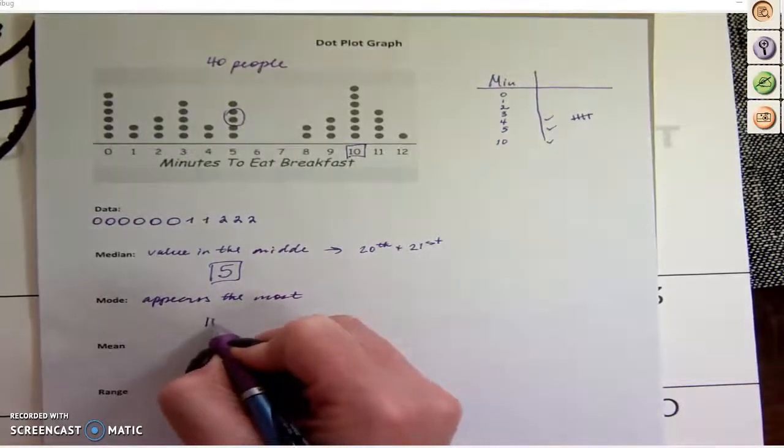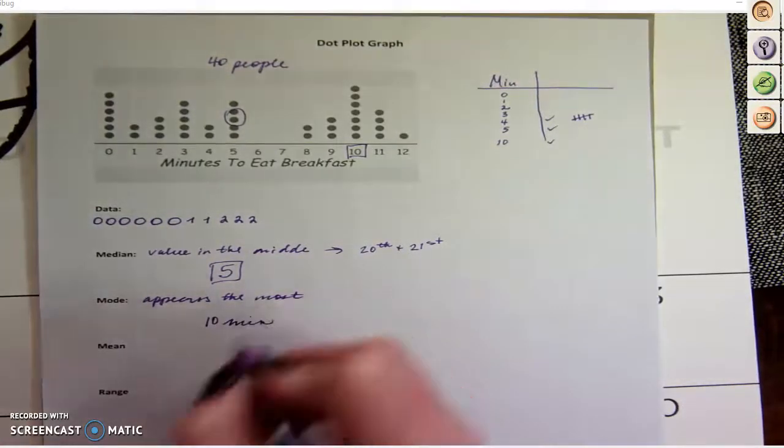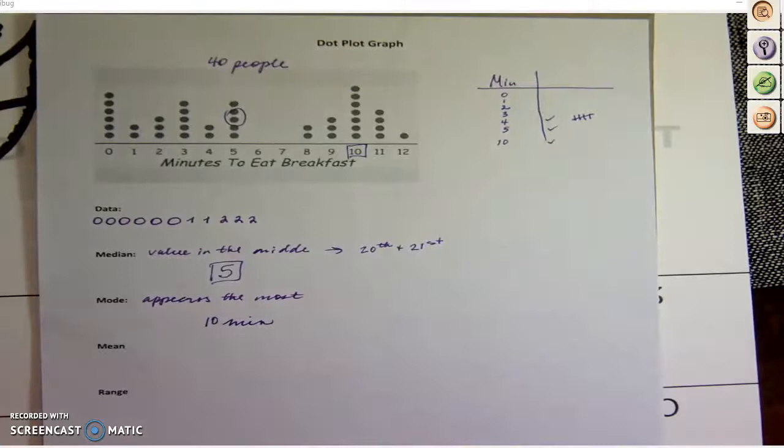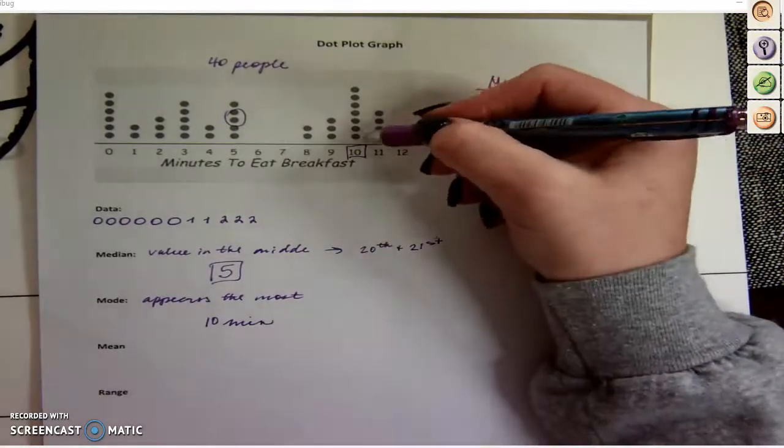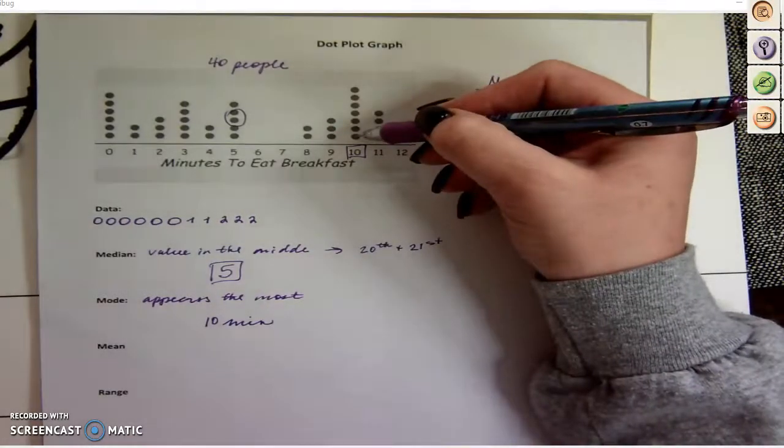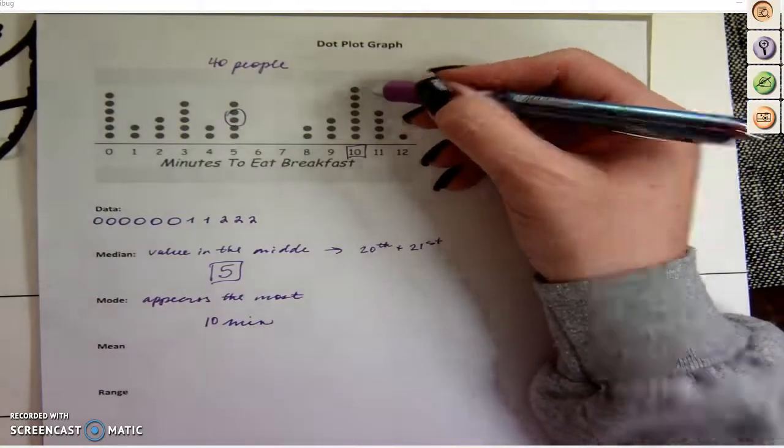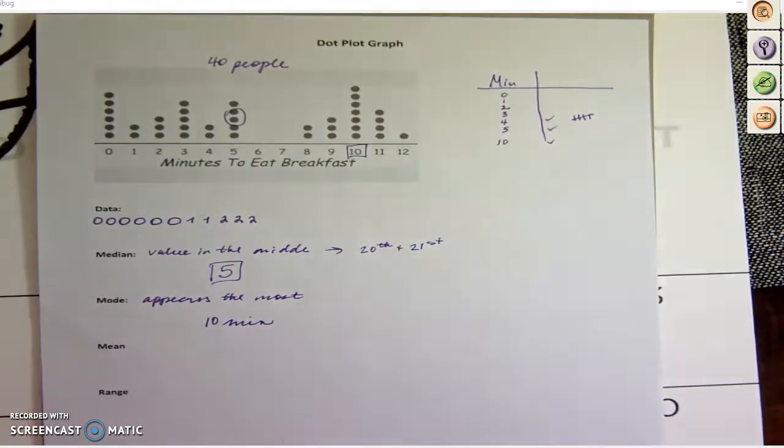You look at the spike and you would say, 1, 2, 3, 4, 5, 6, 7. 7 people. This time frame had the most respondents. 10 minutes is your mode.